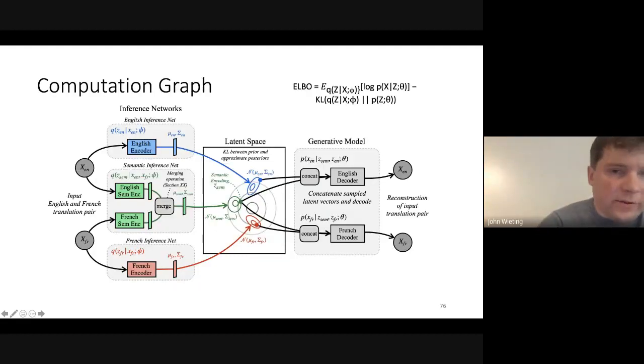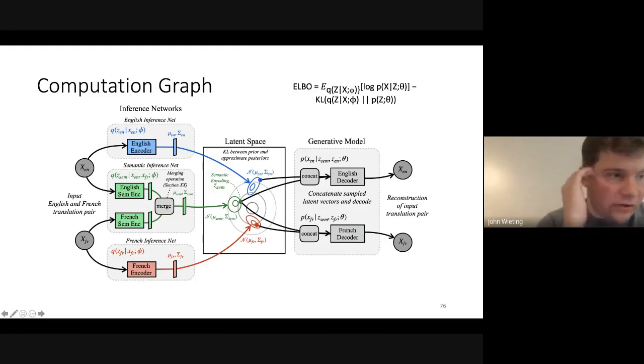We factor our Q distribution as a product of 3 distributions. Each of these has its own inference network shown on the left, one for each language. These inference networks output the mean and covariance of each of these factored Q distributions. Then these distributions are used to sample points from the latent space. And this allows us to compute the first term in ELBO, the expectation term here.